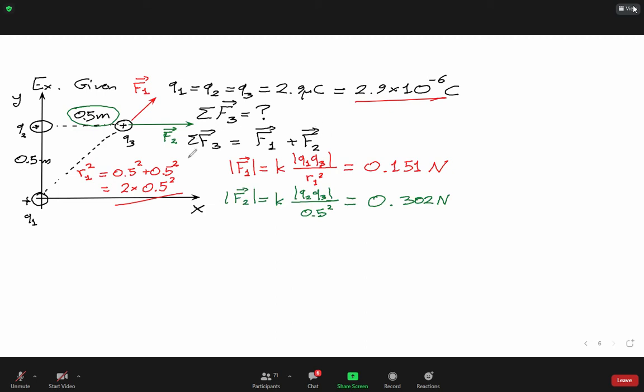All right, now I found the two individual forces. Remember, I'm looking for the net force. So I have to add those two. So if I add these two together, I get a 3 at the end, I get a 5 in the middle, and then I get a 4 next to the decimal point. No one is going to complain.